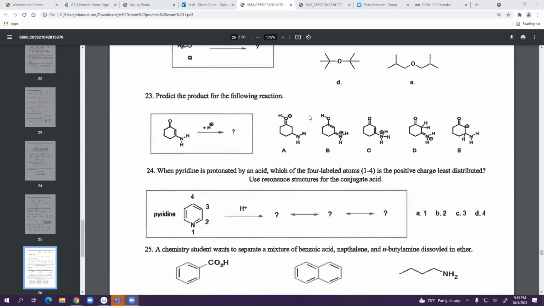A and B, right? See A and B. Let's see which one's true. The answer is B. Good job. Why did you say B?